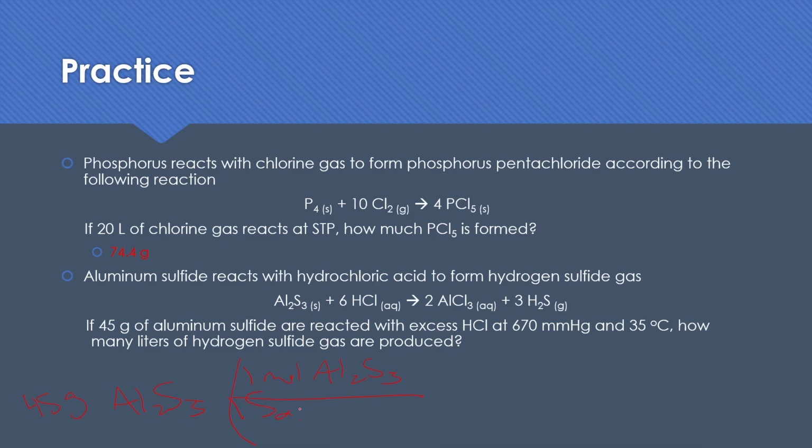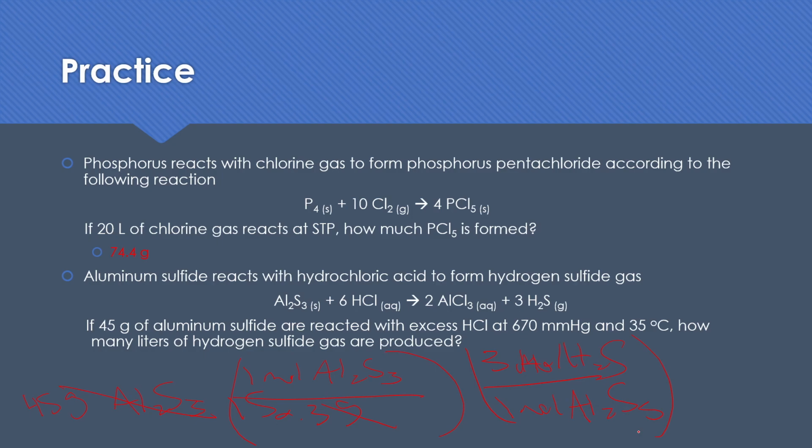So 150.3 grams. Grams cancels. And then the molar ratio is 3 moles of H2S per 1 mole of Al2S3.